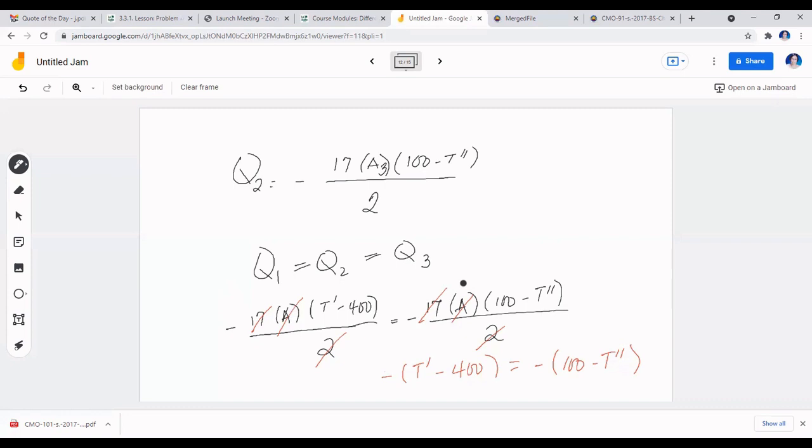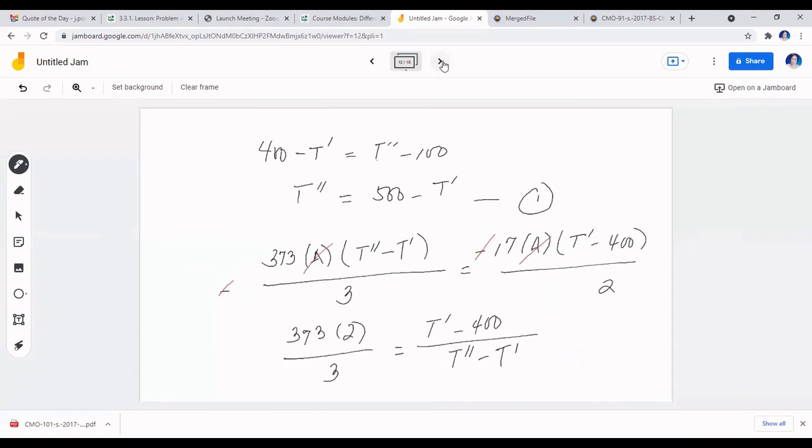So imagine my hand to be the composite material of copper in the middle and 2 stainless steel plates sandwiching it. So this is our remaining equation in red. If we simplify, we'll get an equation of T double prime in terms of T prime, or it could be even T prime in terms of T double prime, doesn't matter, but this is your equation.